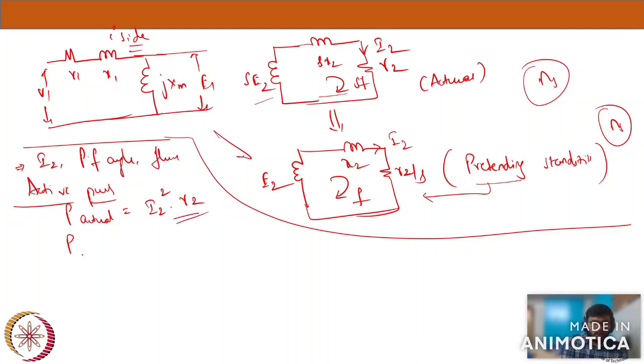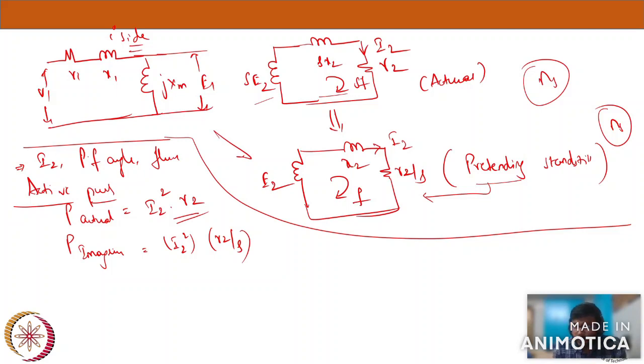For the imaginary motor, I2 is the same, but R2 changes to R2 by S, and we know S is always less than 1. Because of this, the active power in the secondary side of my imaginary motor goes much bigger than the actual motor's active power drawn.